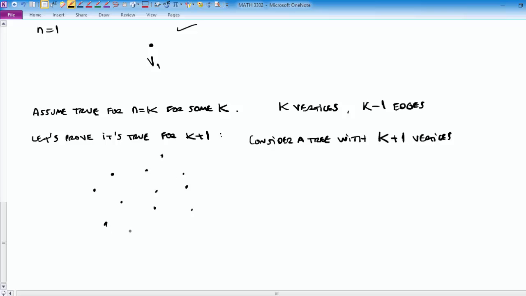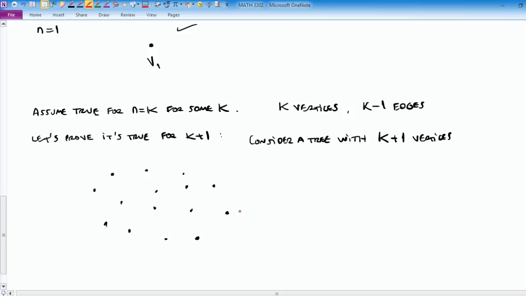And here is the tree. I will not draw the edges to make this simple, so just assume that there are edges here. All right, so you have k plus 1 vertices.